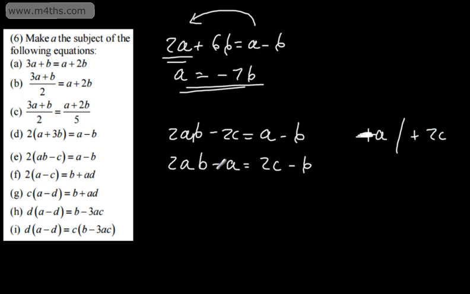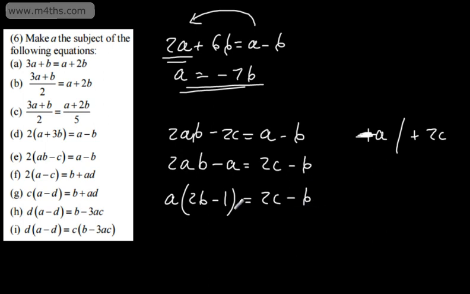At this stage, we need to employ a different technique. I've got a, b and a. This is where a new skill comes in, and we factorise this. We take the common factor of a out, so that's going to leave me 2b minus 1 is equal to 2c minus b.